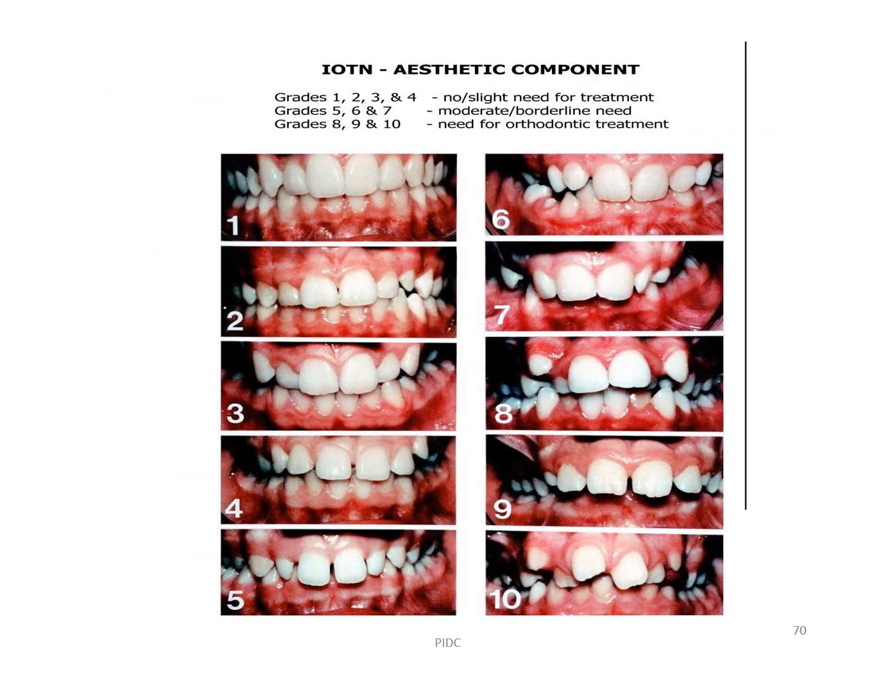Here we have grades 1, 2, 3, 4, which mean no or slight need for treatment, grades 5, 6, and 7 mean moderate or borderline need, and 8, 9, 10 mean need for orthodontic treatment, as you can see in the picture.